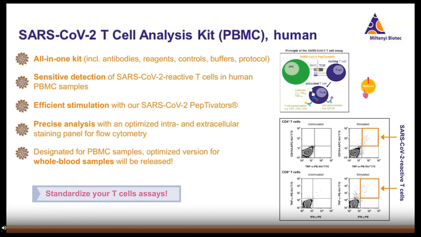The presence of these SARS-CoV-2 reactive T-cells in donor samples then indicates an exposure of the donor to the SARS-CoV-2 virus. And the kits are really designed to be an all-in-one solution, and they contain everything: antibodies, stimulation reagents, controls, buffers, and also a protocol. So if you want to know more about the kits, you have to stay tuned.